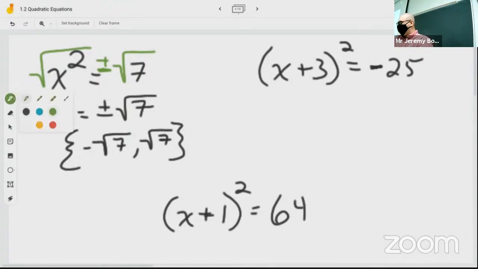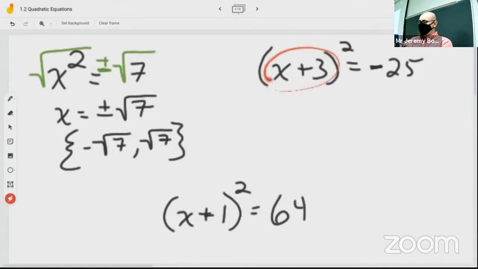All right, let's look at the second one. So this time we have a term of x. x plus 3 squared is equal to negative 25. So can we take the square root, make this plus or minus square root of negative 25? What do y'all think?